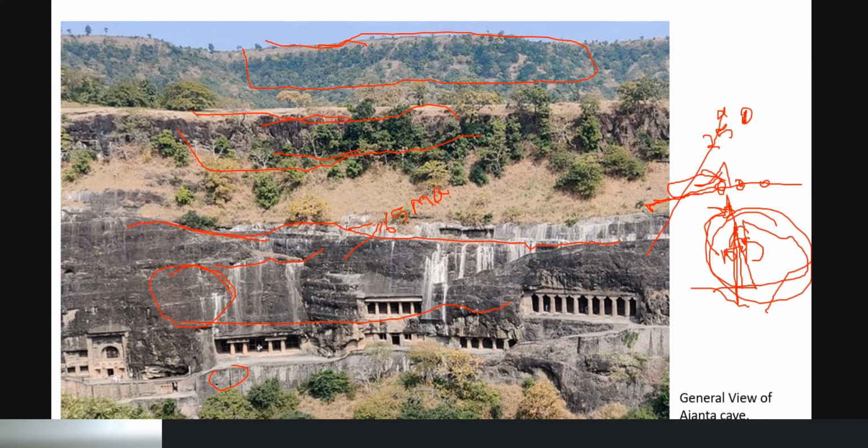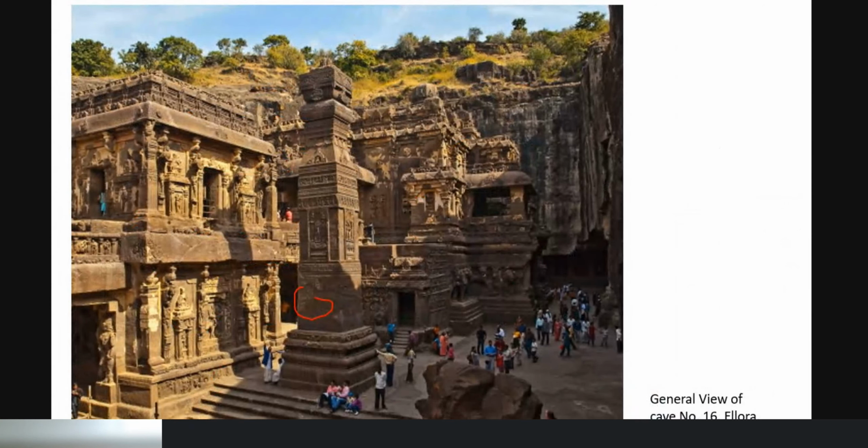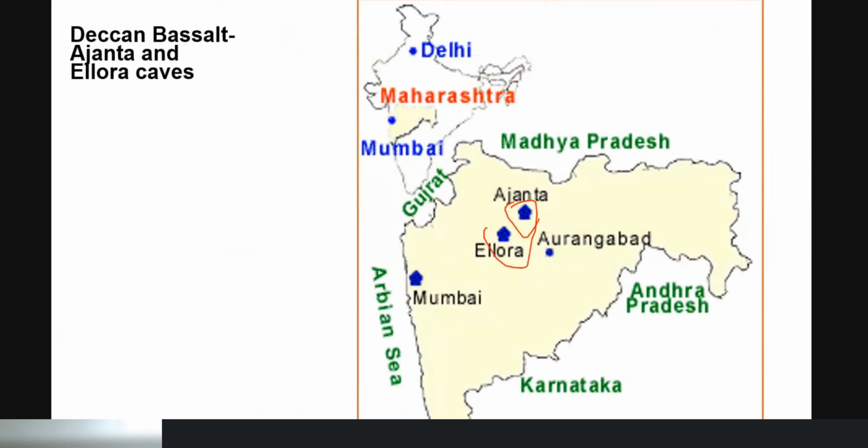So this is the mechanism of formation of these two caves, which have later been carved in that basalt. Beautiful structures have been carved, and this is the story of how it has been formed.